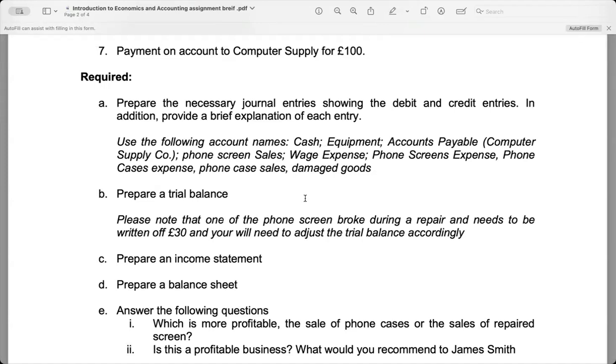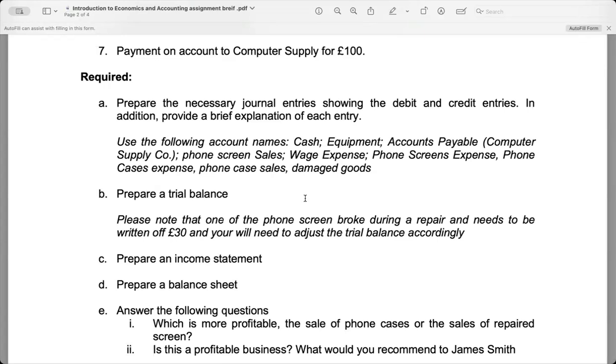Number 4, prepare a balance sheet. Organize in this section assets, liabilities, and owner's equity. Ensure that total assets match total liabilities and equity. Confirm that the business financial position is correctly represented.